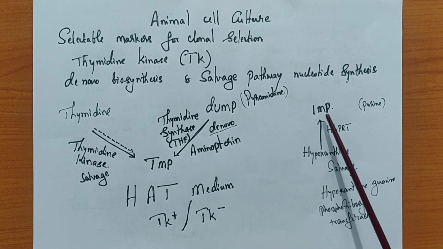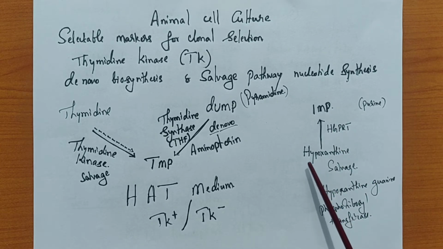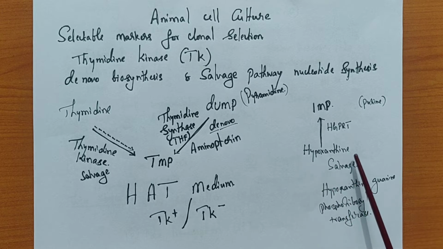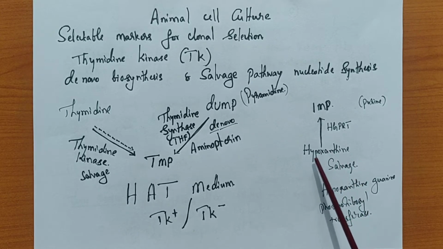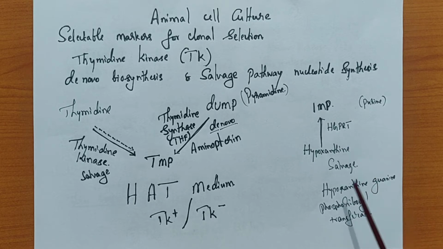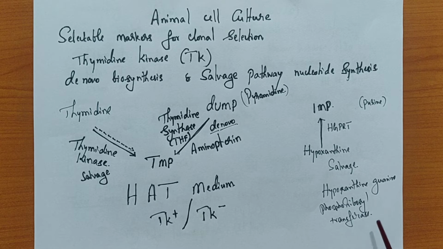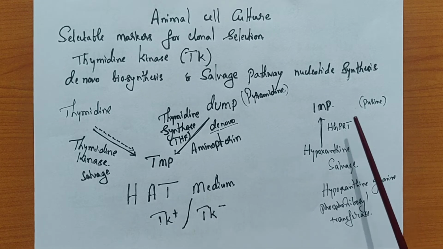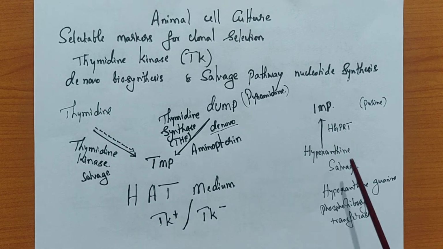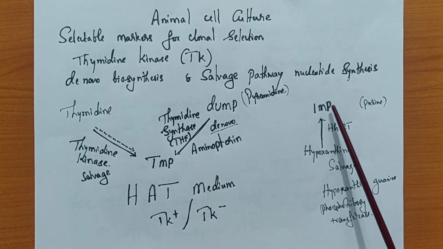Now we can also generate IMP using the salvage pathway. In the salvage pathway, hypoxanthine is converted into IMP with the enzyme HGPRT, hypoxanthine guanine phosphoribosyl transferase. So in the salvage pathway, hypoxanthine is converted into IMP.